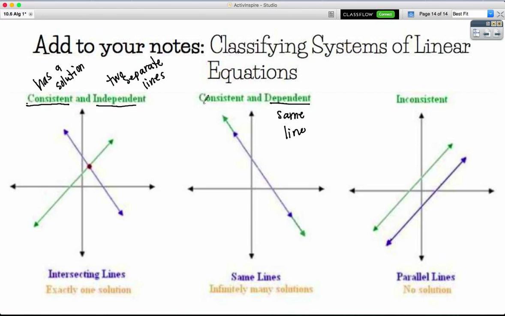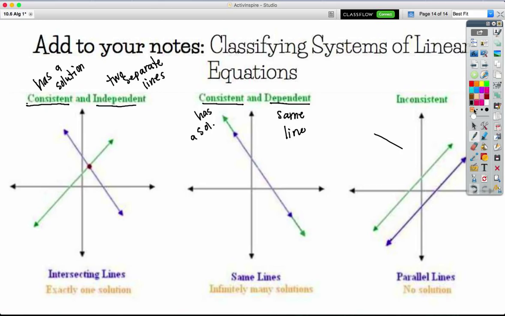So again, consistent means it has a solution. Dependent means that it is the same line. The last scenario would be if the system is inconsistent, and that's only going to happen if you have parallel lines. Inconsistent means it has no solution.